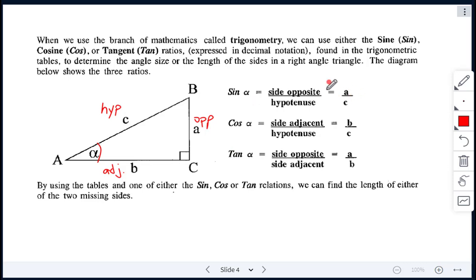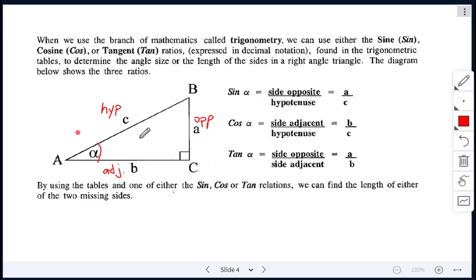Our first ratio is called sine. The ratio for sine is opposite divided by hypotenuse, so side A divided by side C. Cosine theta is the side adjacent, so side B, divided by hypotenuse, side C, so B divided by C. And the tangent ratio is opposite divided by adjacent.